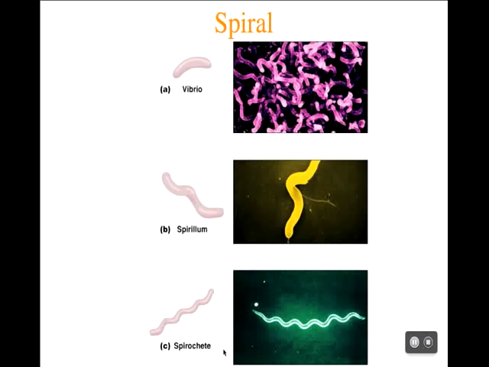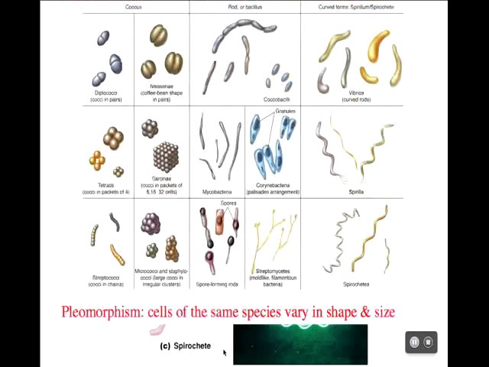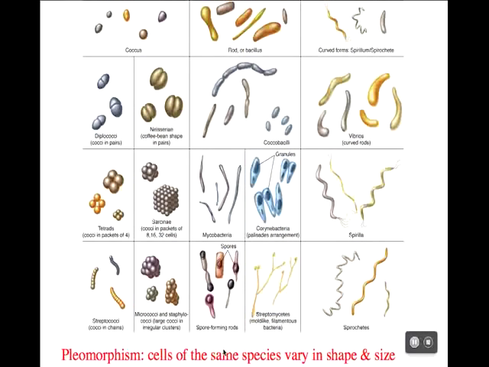So they kind of corkscrew and twist through the media as they swim. That's a spirochete, this highly flexible spring-like structure. Now this diagram is here to show some variety and the variety that exists inside of these terms. So for example, here's different kinds of cocci, here's several different kinds of bacilli.